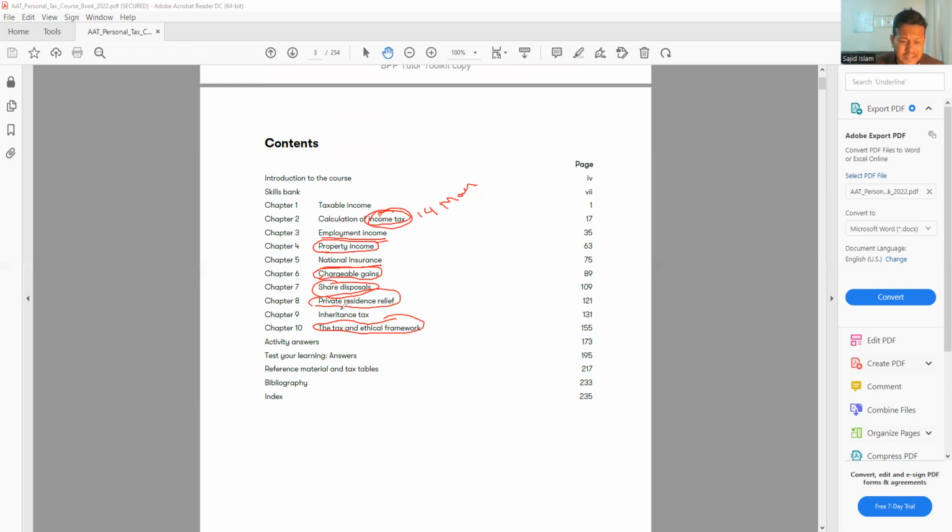Then we have inheritance tax. Inheritance tax is all about if you inherit any property from your father, grandfather, mother, or anyone. Let's say your parents passed away and their property moved to you as inheritance, so there is some tax involved. There are a few things we need to know.